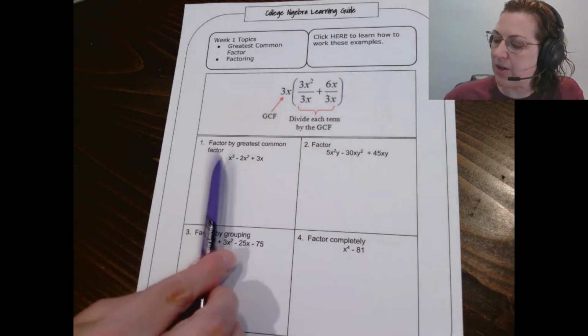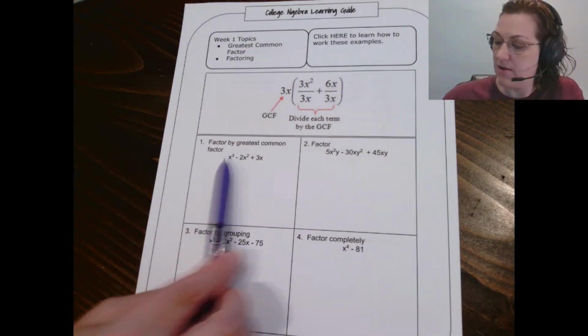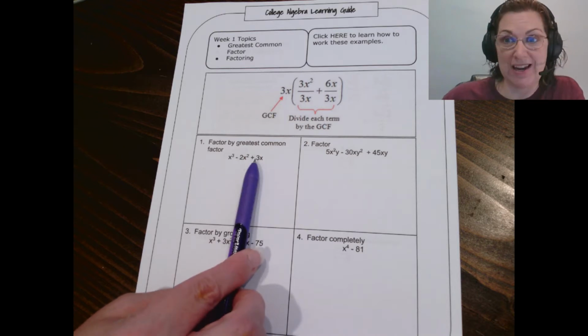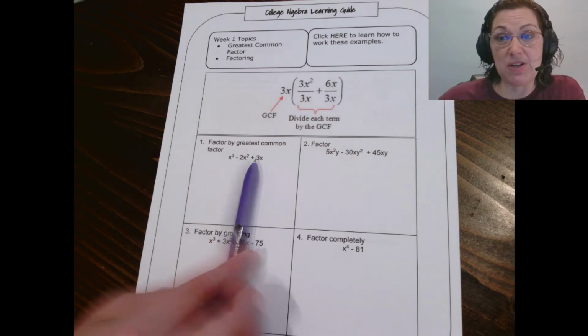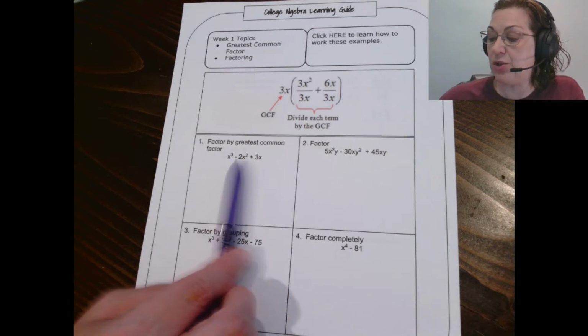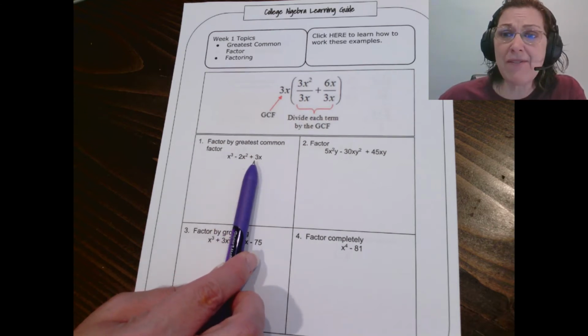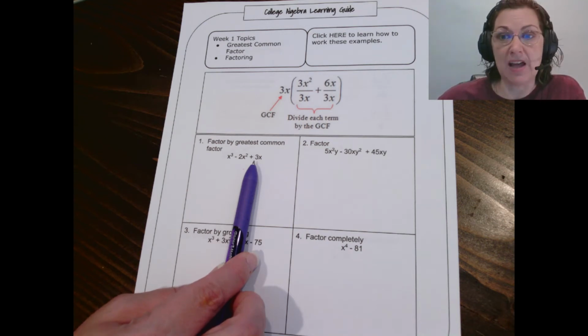When I say numbers, I'm looking at the coefficients in front. So notice a coefficient of 1, -2, and a coefficient of 3. Now, the biggest number that would divide into 1, -2, and 3 would be 1. So I don't have a coefficient for my greatest common factor.